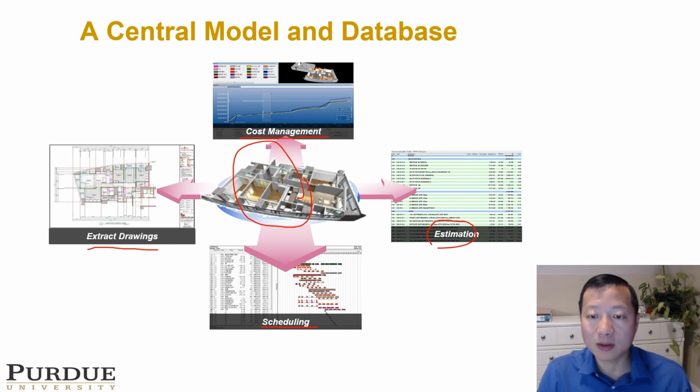So what's the beauty of having a central model and a database? As you have a central database, first of all, parties are looking at the same thing. Second, all applications are always retrieving the same set of information. And third, you can have a mechanism to integrate them together. You're not just looking at the physical components being built.